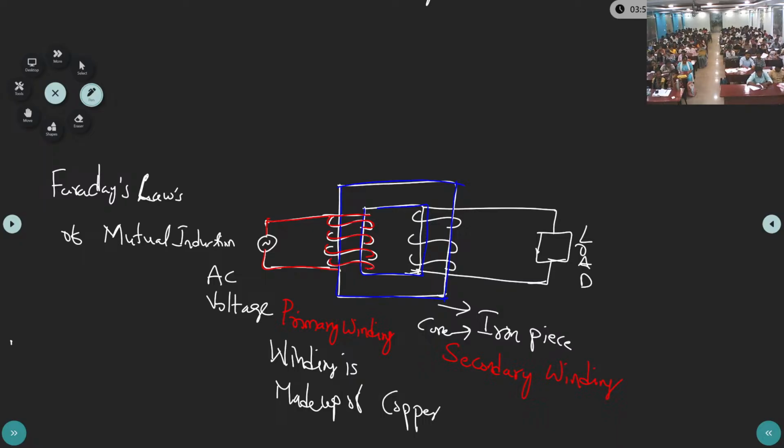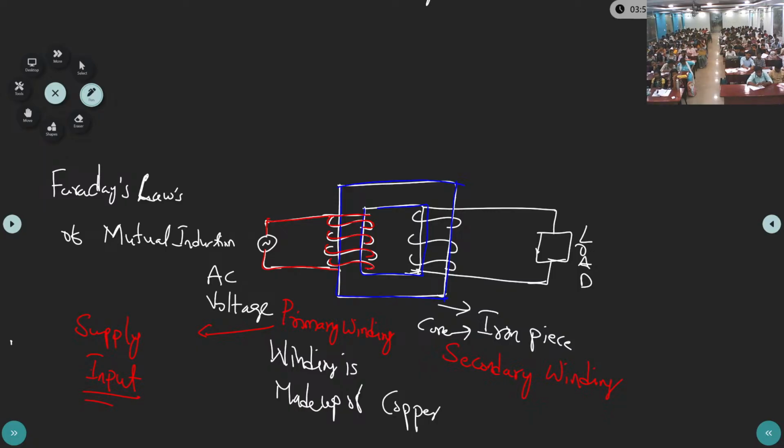Why do we call this one the primary winding? The primary winding is the one which is connected to the supply, or you can say connected to the input. The winding which is connected to the supply is called the primary winding.